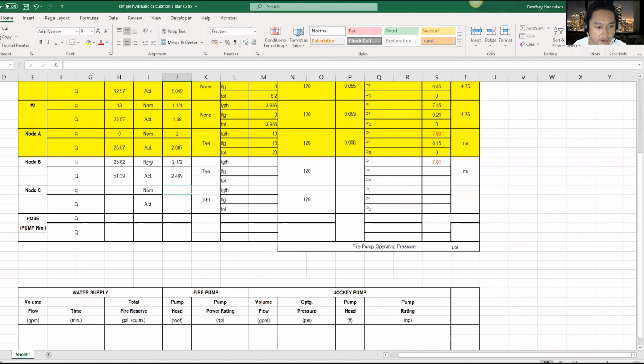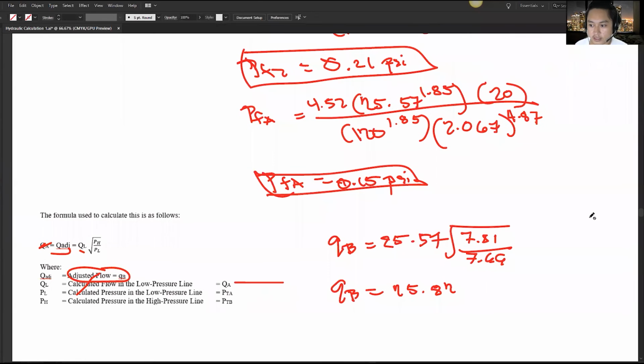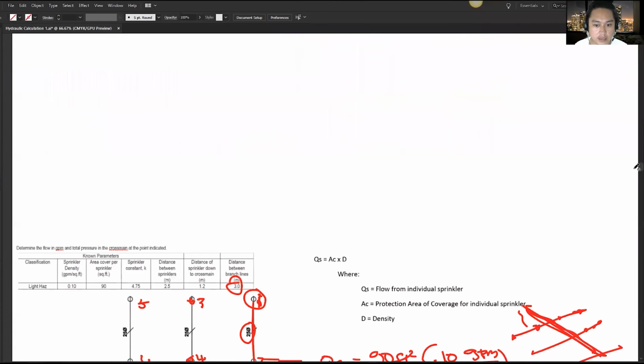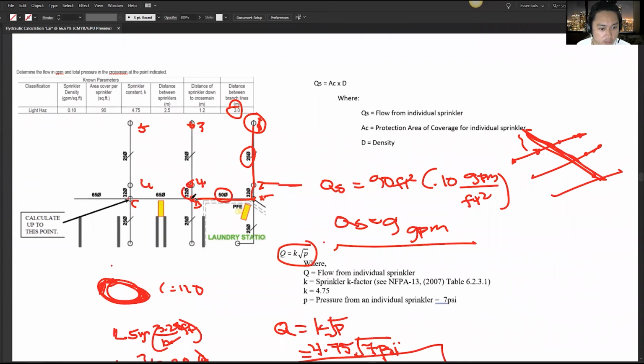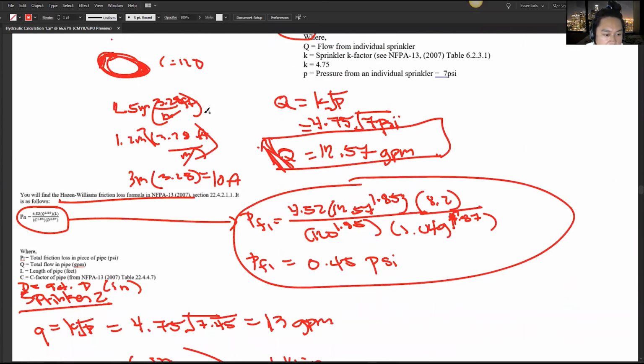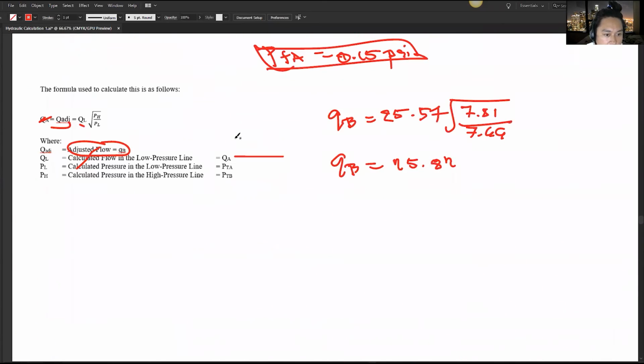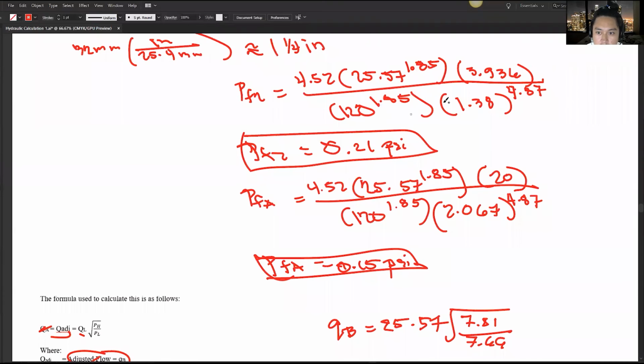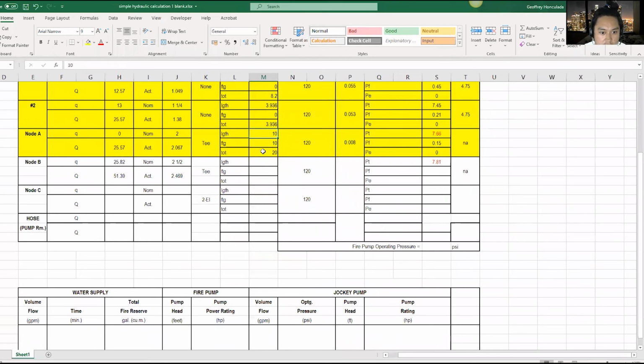Now the length from node B to node C: the distance between branch lines is still 3 meters, the same as at node B, so that's 10. The fitting is still the same T, so that's 10. The total length is the same, 20, as at node A.